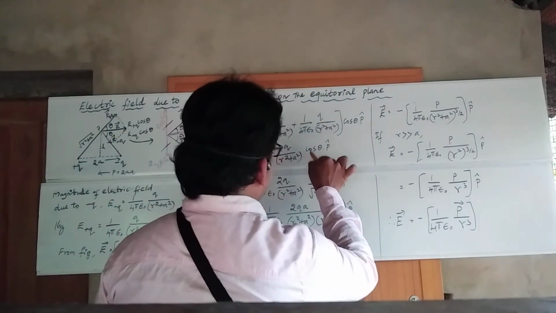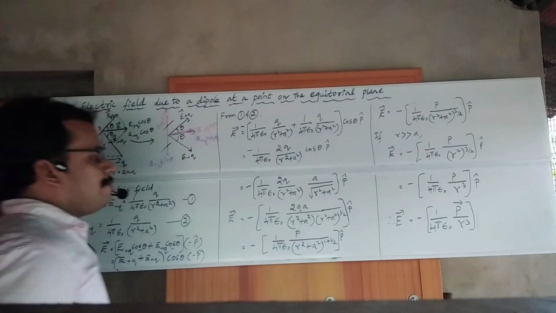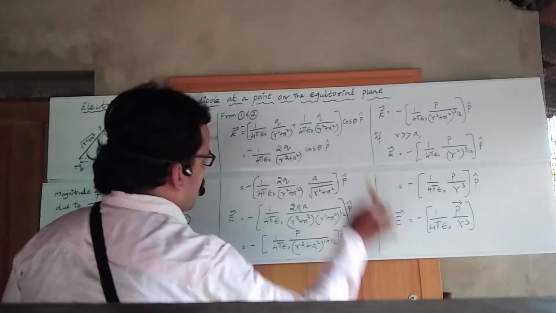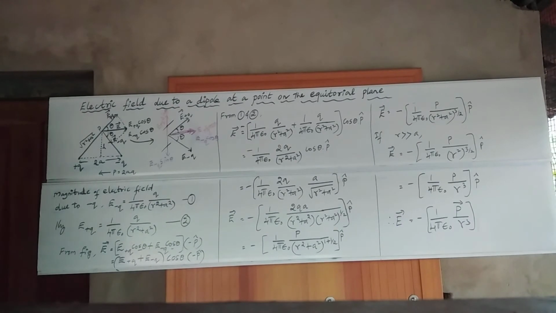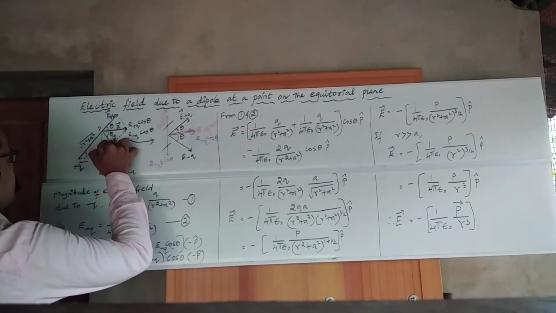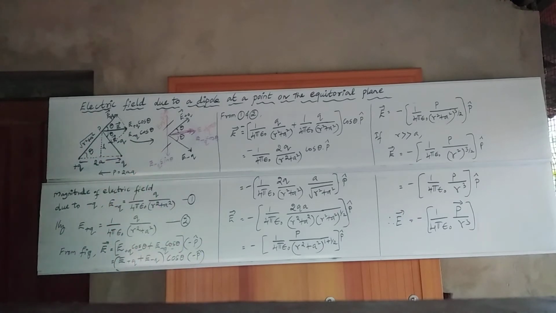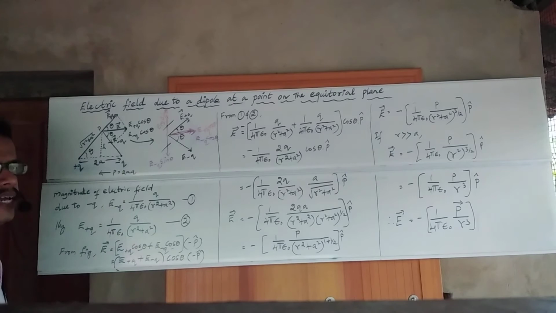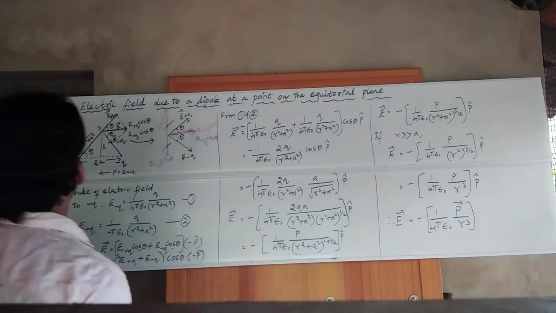What is this cos theta? For cos theta, from the diagram I can write A by root of R square plus A square. How is it? Let us see. You know this angle we have considered as theta, so this angle is also theta. So if I take cos theta in this particular triangle, what will we get?